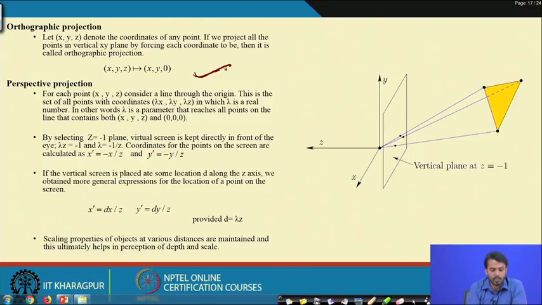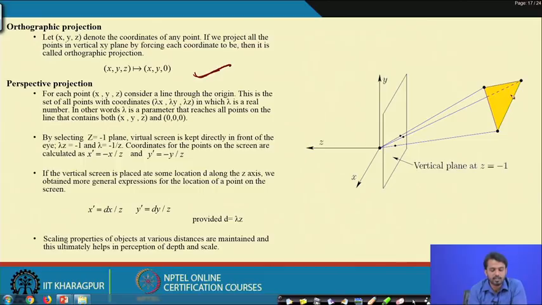Similarly, for the perspective projection, for each point x, y, z, consider a line through the origin. You can look at this figure in which we have considered a line through the origin, in which all the coordinates are mentioned as lambda x, lambda y and lambda z, where lambda is a real number. Lambda is a parameter that reaches all points on the line that contains both the origin 0, 0, 0 and our point x, y, z.